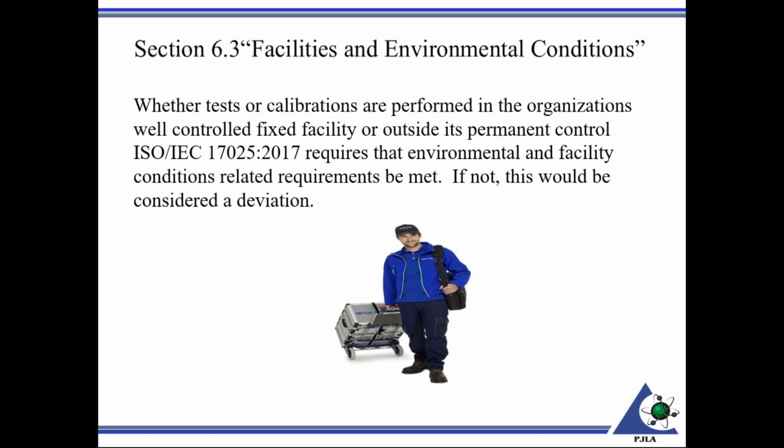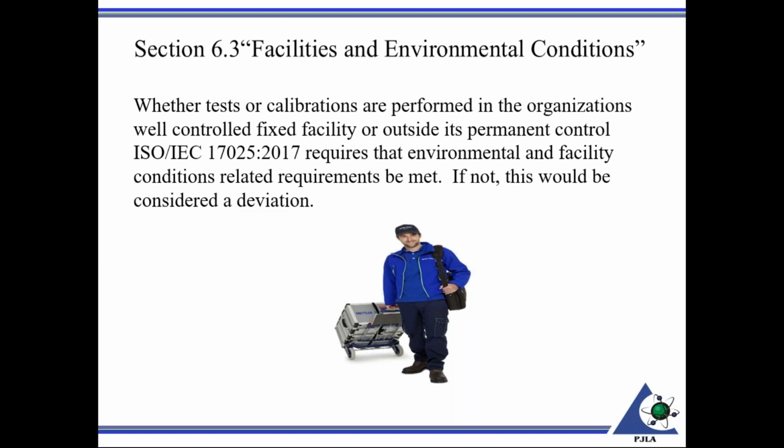So we're going to start out looking at Section 6.3, and this is facilities and environmental conditions. So this will be for testing calibrations, whether or not they're performed at your environmentally friendly fixed conditions, or perhaps you're doing test or calibrations outside your permanent control.